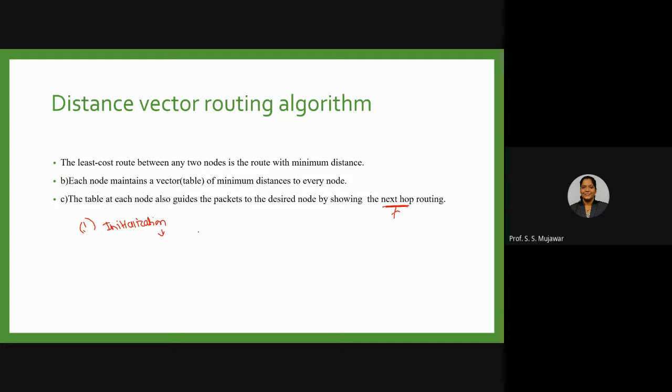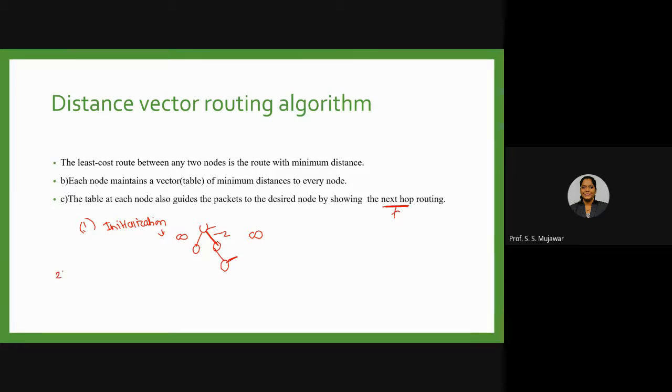If the nodes are not directly connected, then we mark the value as infinity. Okay, if any node is not directly connected to this node, then we need to mark the value infinity. If it is directly connected, whatever the value is, we need to mention it in that routing table. This is the first step, the initialization step.